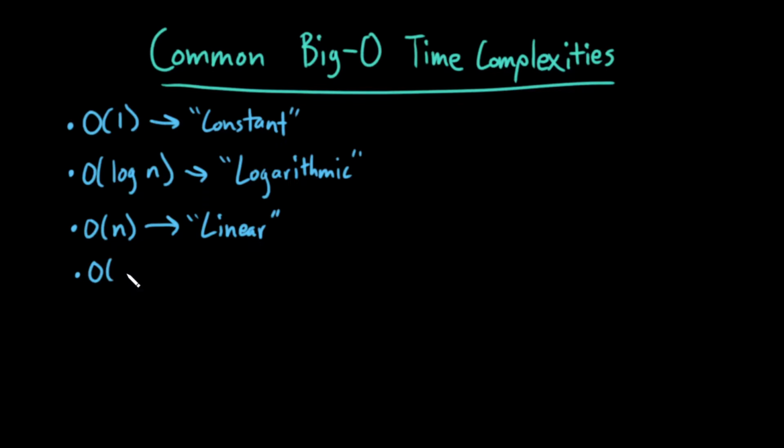We have big O of n log n that I don't think has a super clean colloquial name, so I'll just keep it as big O of n log n. But some common big O of n log n algorithms that you might see are like merge sort or any of the other fast sorting algorithms. They scale basically linear logarithmically, so n times log n as a function of the input size.